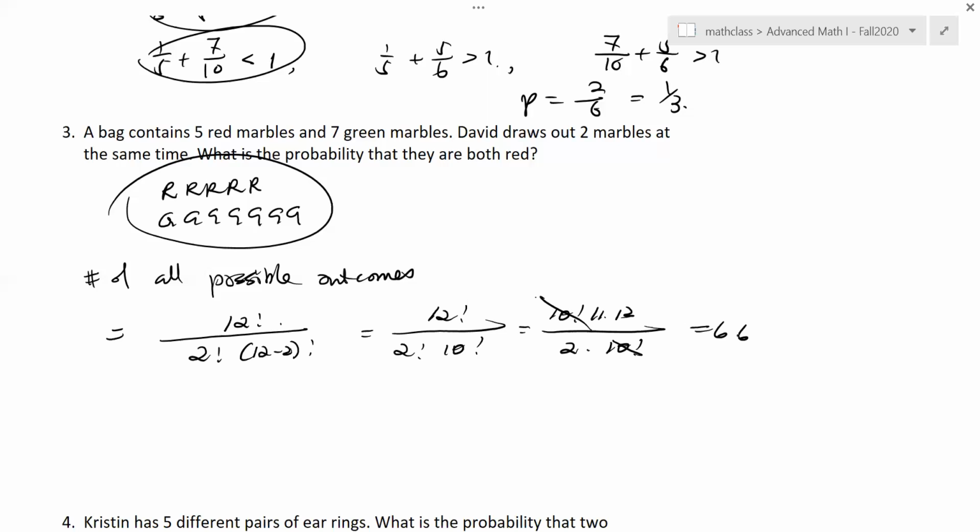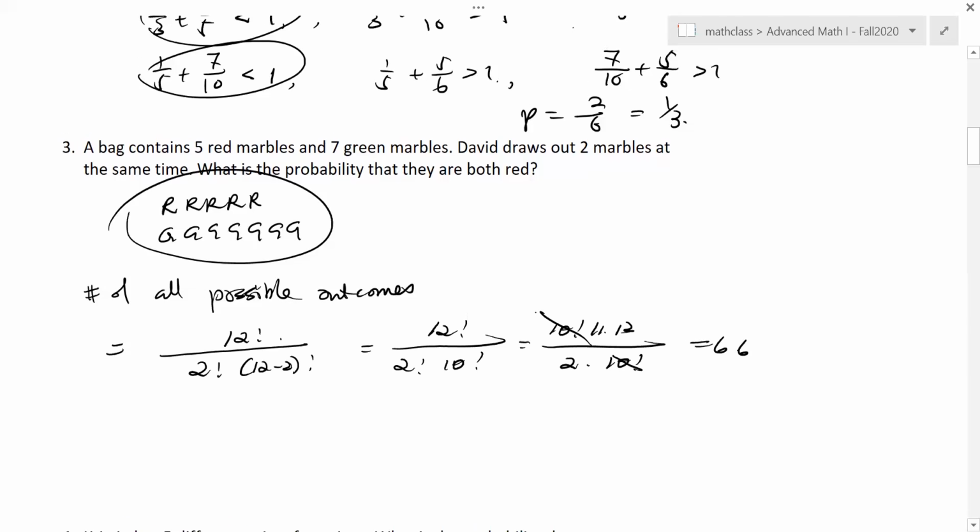So 66. Now, the number of all desired outcomes. What do you want to get? You want both to be red. That means you only pick marbles from the subgroup of red marbles. How many red marbles are there? 5 red marbles. You're going to pick 2, and 5 minus 2 is 3, right?